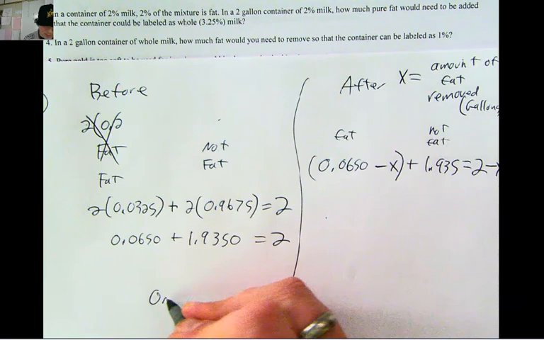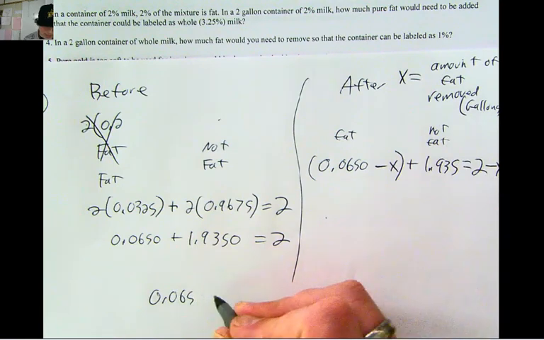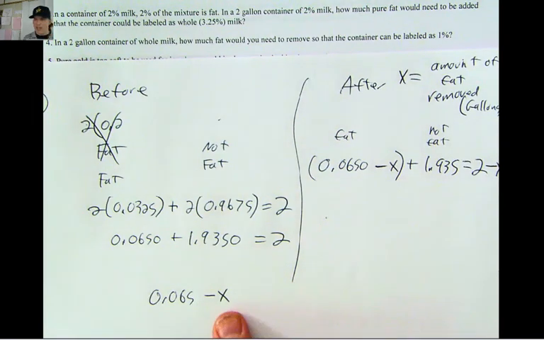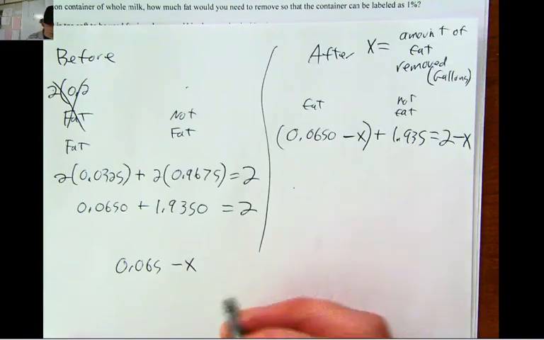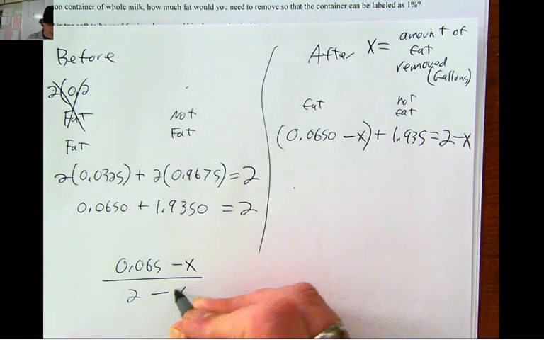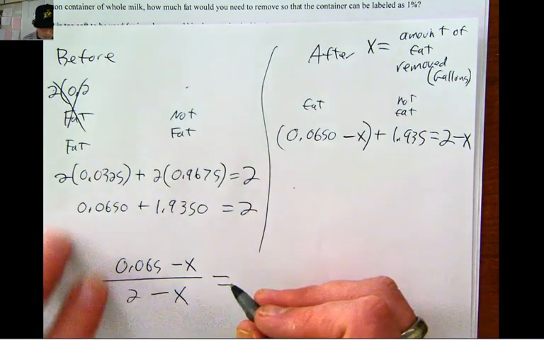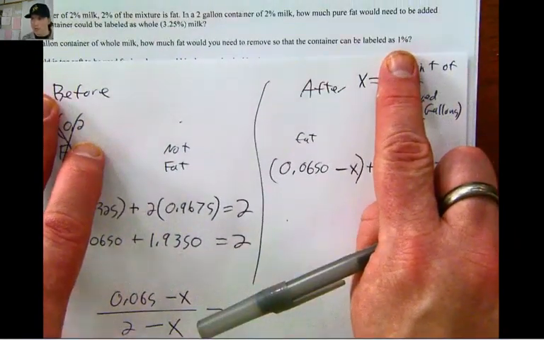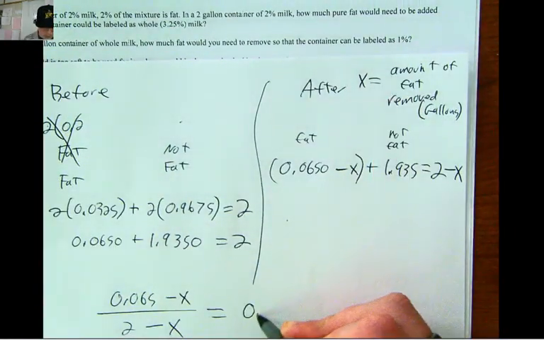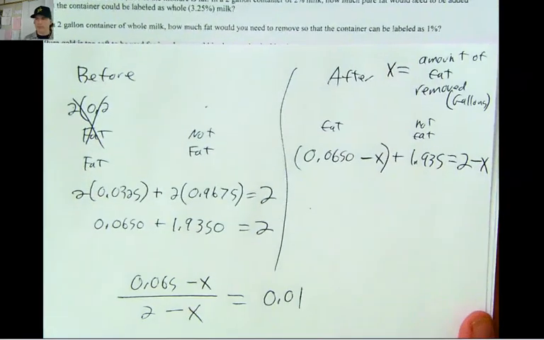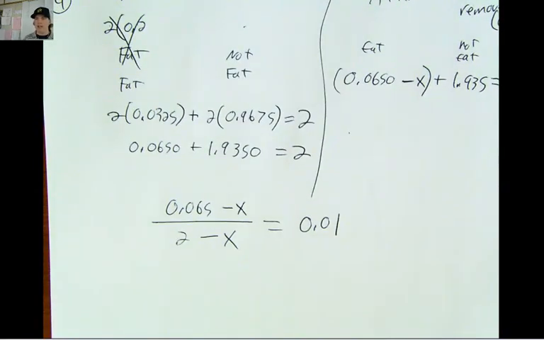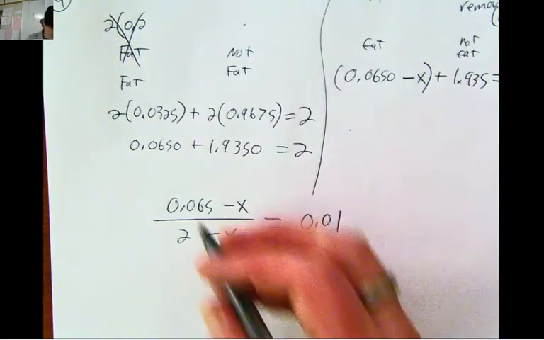So I have 0.065 minus x, which is the after, divided by the 2 gallons minus the amount of fat that you removed, and we want it to get to 1%, so 0.01. Then once you have your setup, you always solve them out the exact same way.